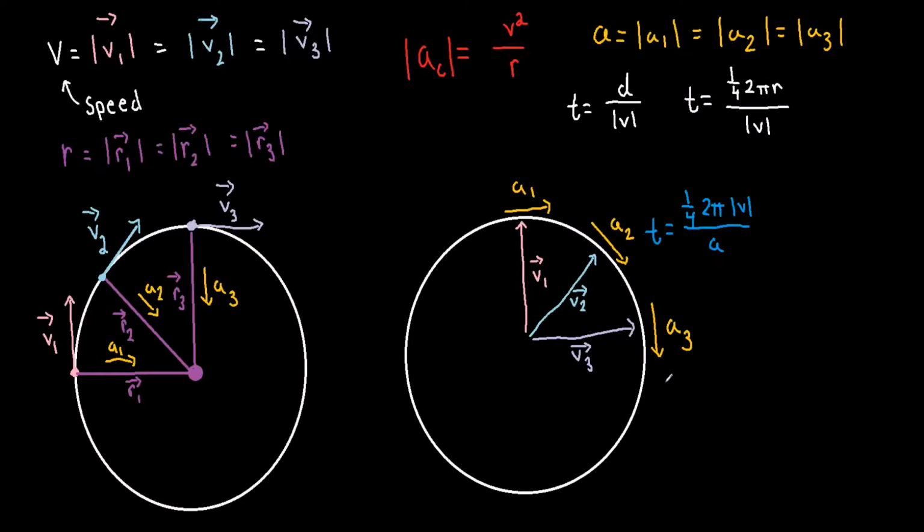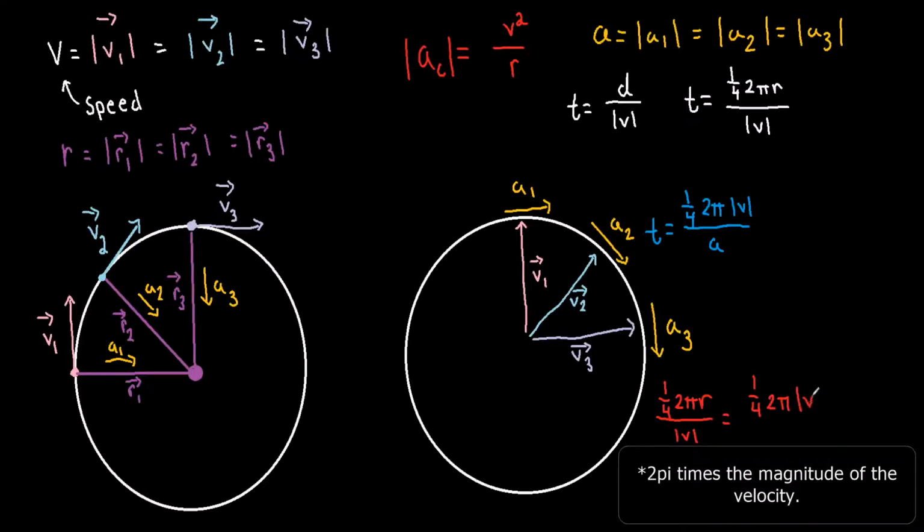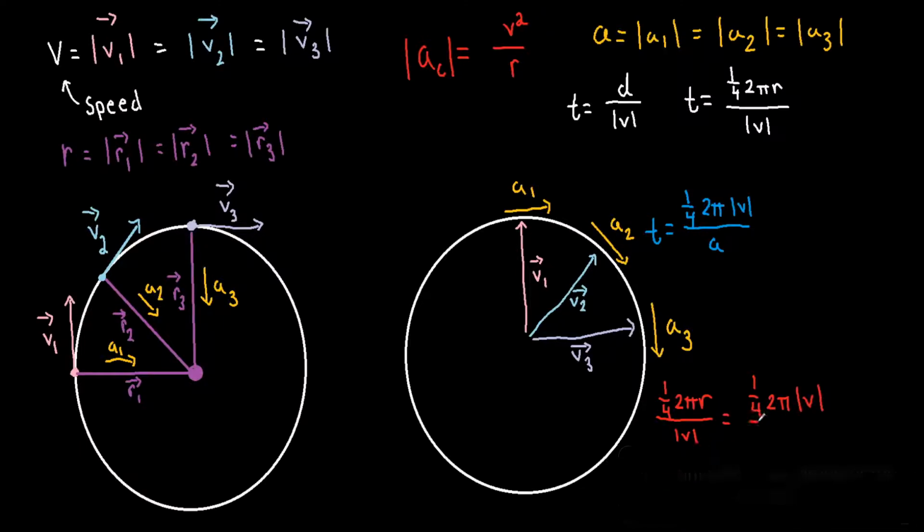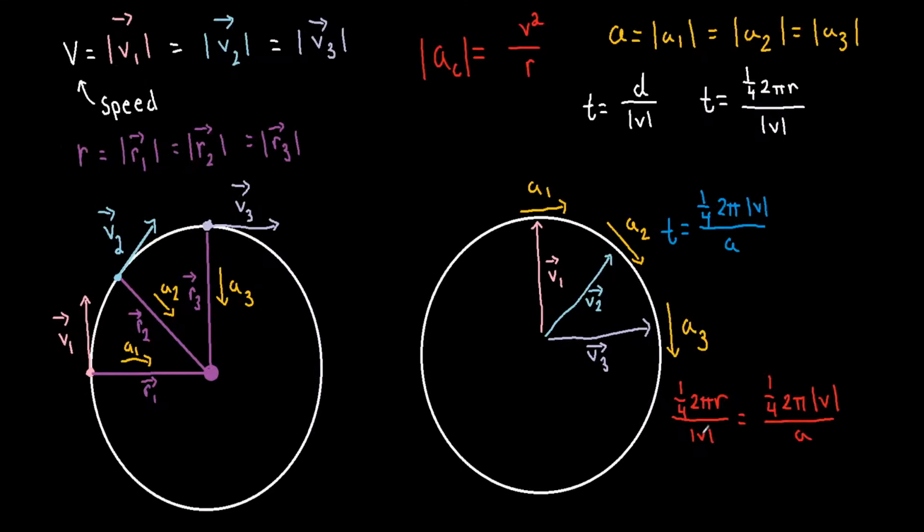So we have 1/4 times 2 pi r divided by our speed is equal to 1/4 times 2 pi, the magnitude of our velocity, which is our speed, all divided by our acceleration. And you can see that we have 1/4 times 2 pi on both sides, so we can cancel them out.